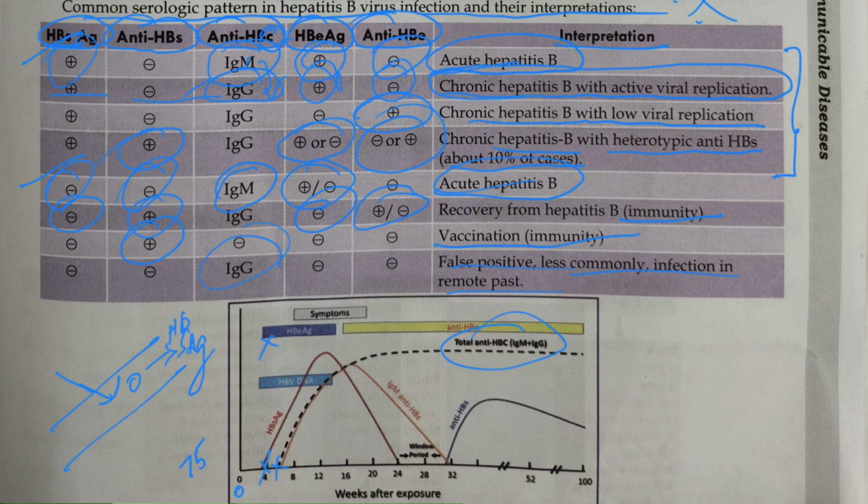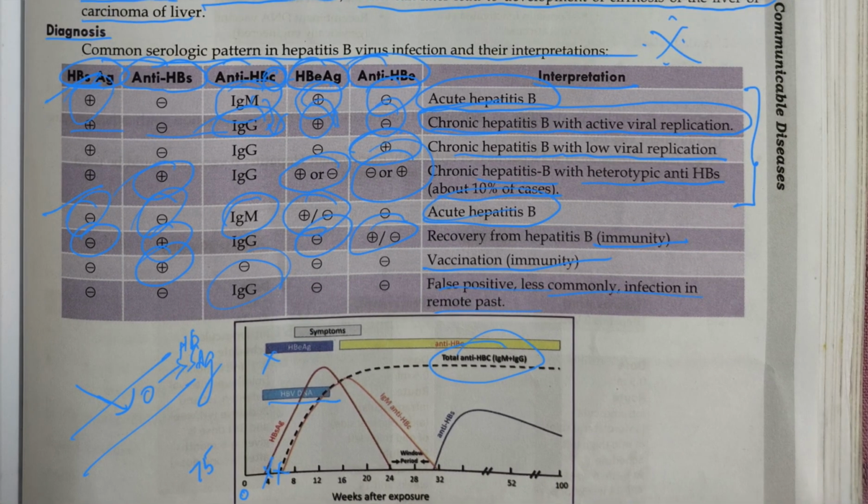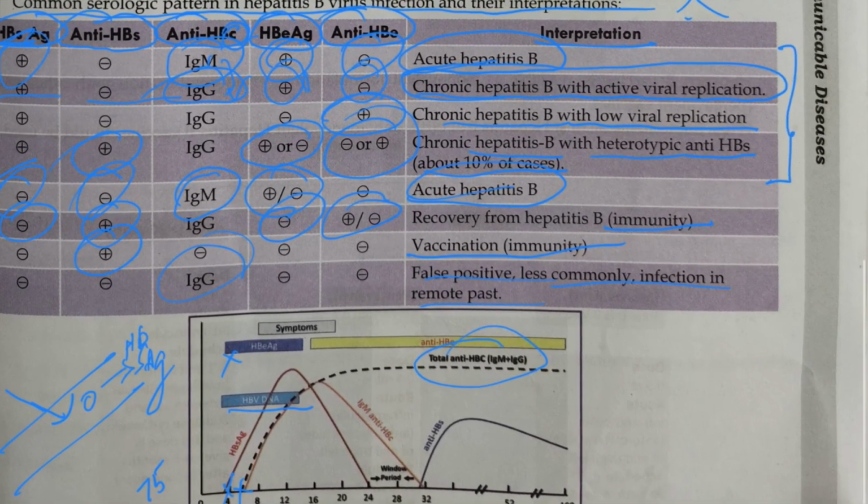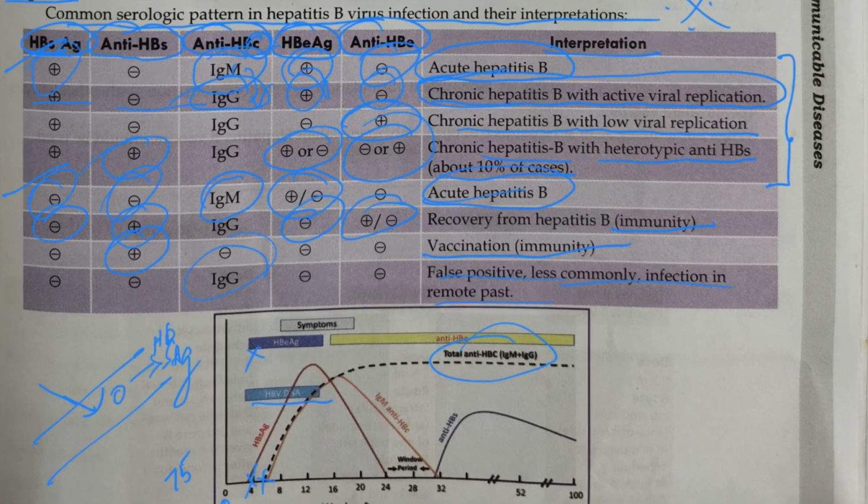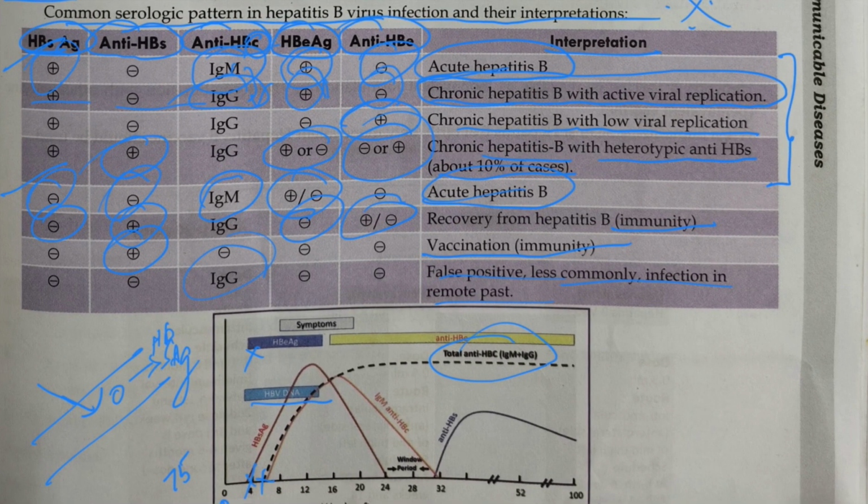And here they have mentioned HBV DNA. Let's just see what happens when it becomes chronic. HBs will still be rising. This one is also present. Both IgM and IgG they have considered.